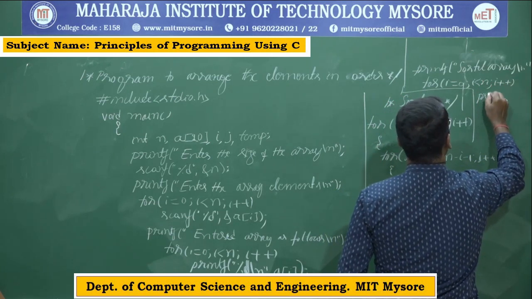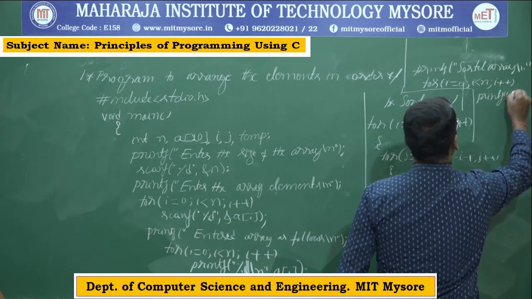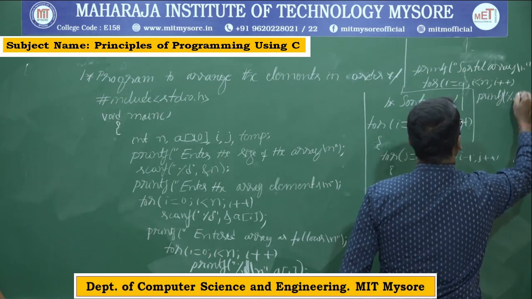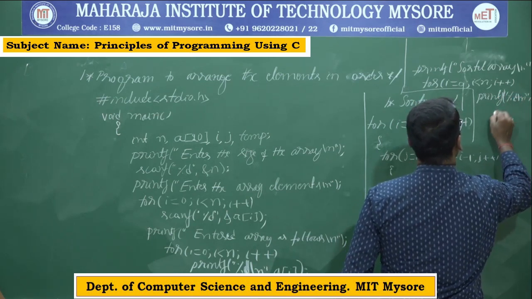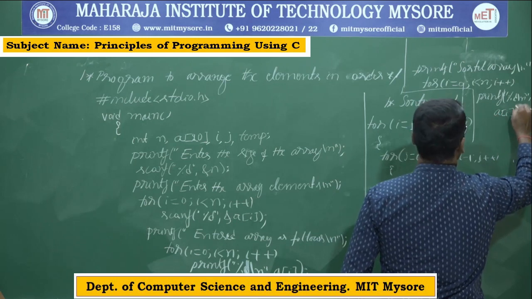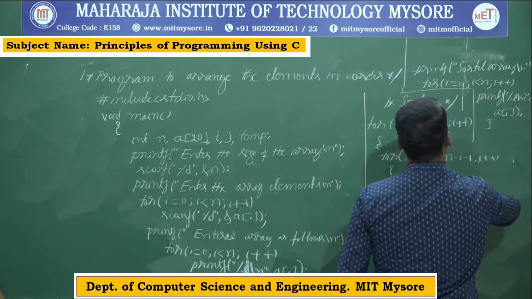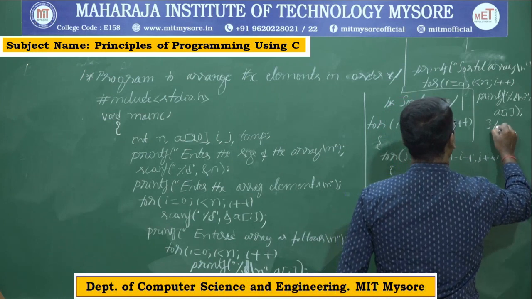So printf "%d\n", a of i. So this is the end of the program.